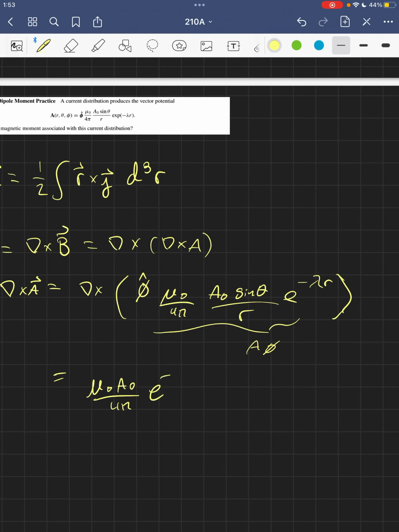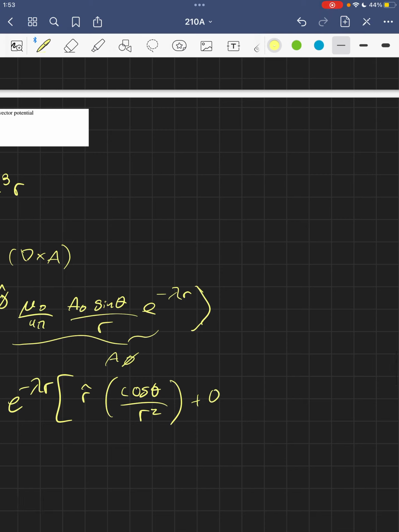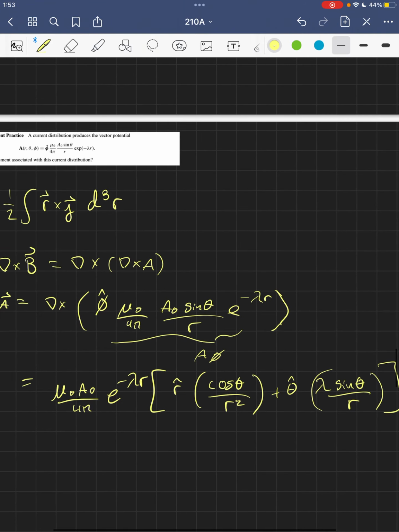I'm going to pull this out because even though we differentiate it, it's an exponential, so it stays around, right? Plus the theta hat term, which would be lambda sine theta over r, right? And again, that lambda is coming from the exponential, okay?